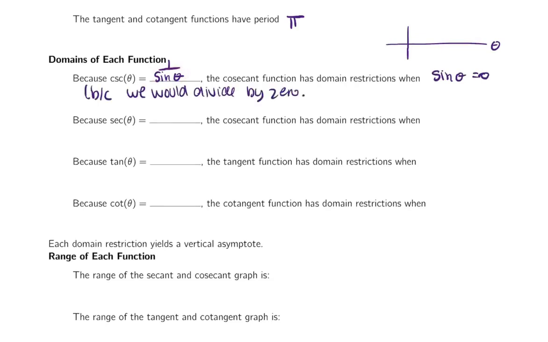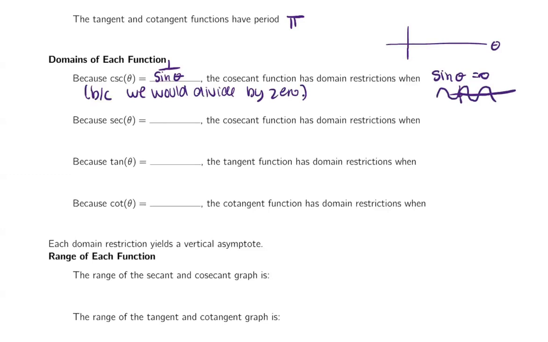To know the domain restrictions of cosecant, we need to think about when sine would be equal to 0. So I'm going to quickly sketch that. This is why it's so helpful to commit to memory the general shape of what sine looks like. We can remember a lot of information from it. This reminds me that sine is the one that touches at the origin.